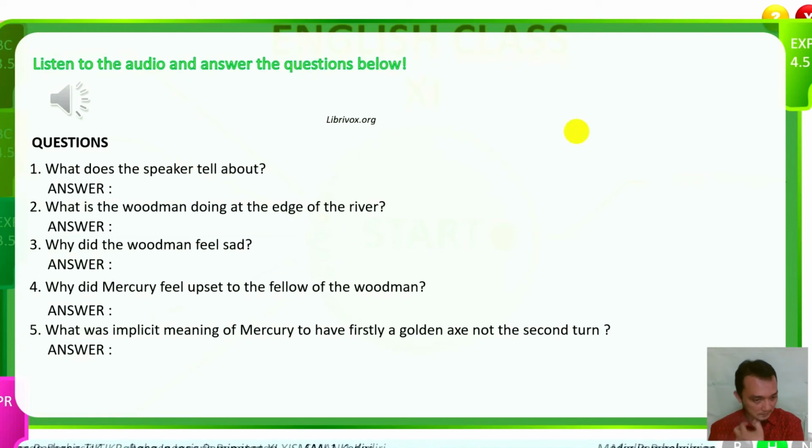As he stood by the water's edge, lamenting his loss, Mercury appeared and asked him the reason for his grief, and on learning what had happened, out of pity for his distress, he dived into the river and, bringing up a golden axe, asked him if that was the one he had lost. The woodman replied that it was not, and Mercury then dived a second time, and, bringing up a silver axe, asked if that was his. "No, that is not mine either," said the woodman. Once more Mercury dived into the river, and brought up the missing axe.